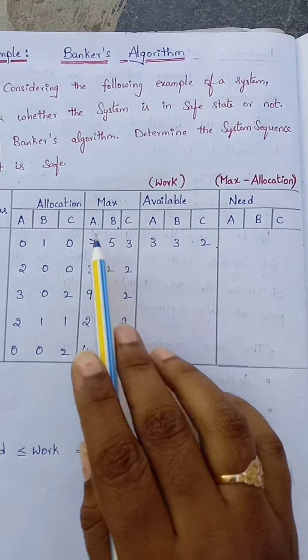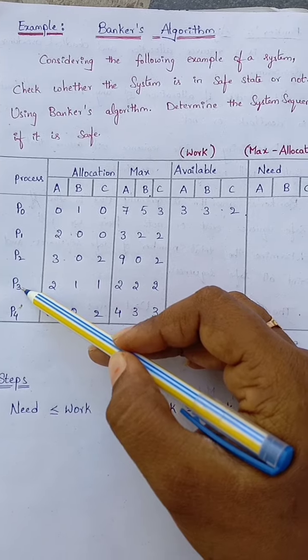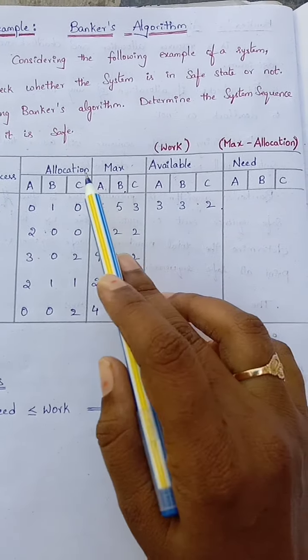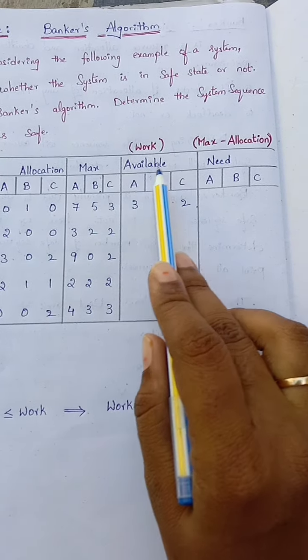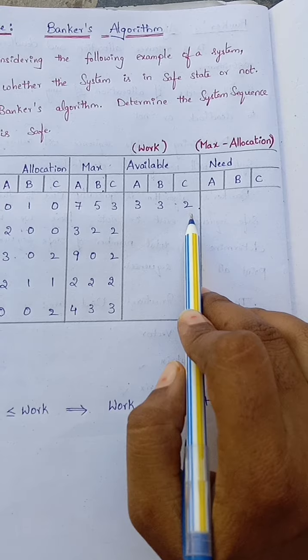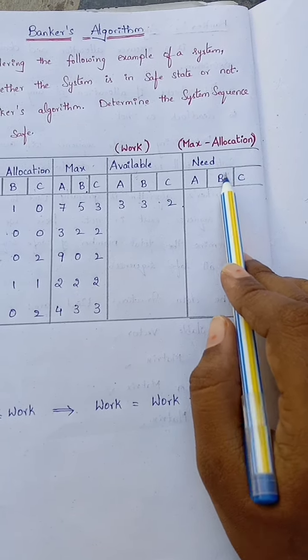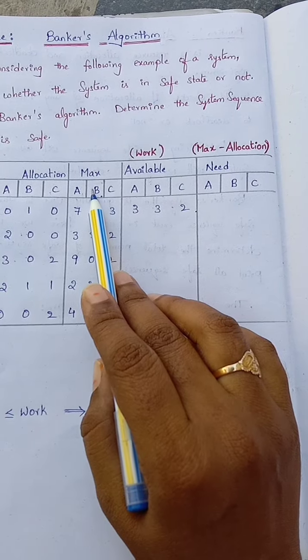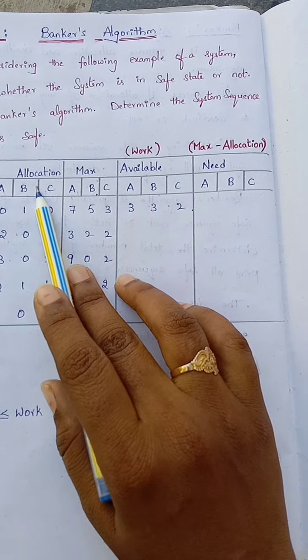The example is a system with 5 processes whose allocation and max are given, and initially the work, that is available, is 3, 3, 2. We need to find the need matrix by subtracting allocation from max.